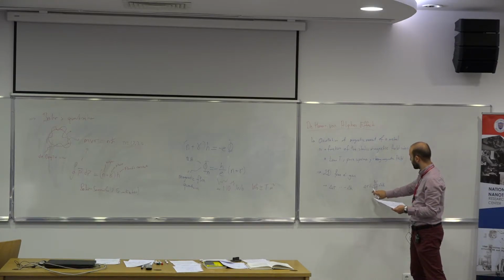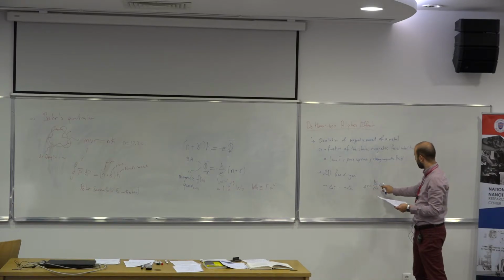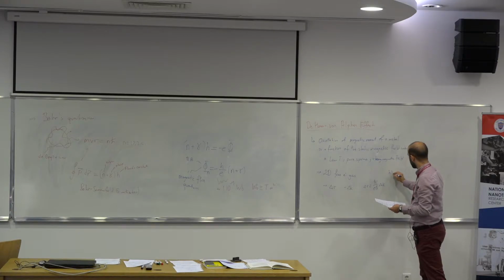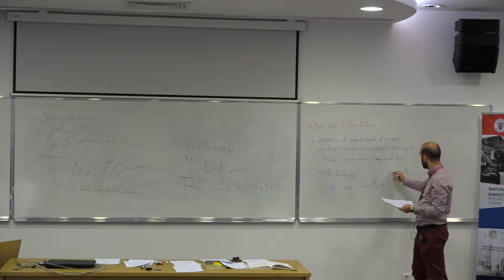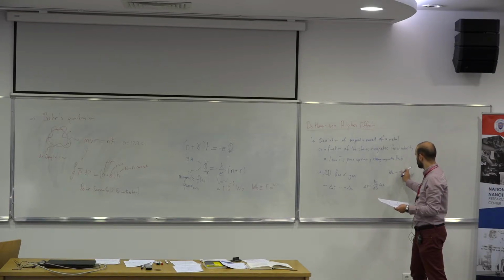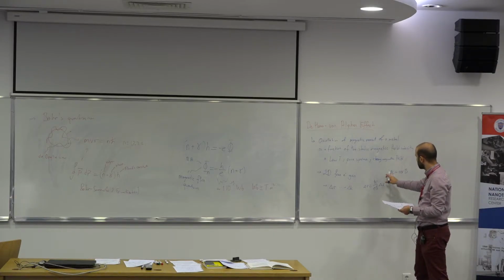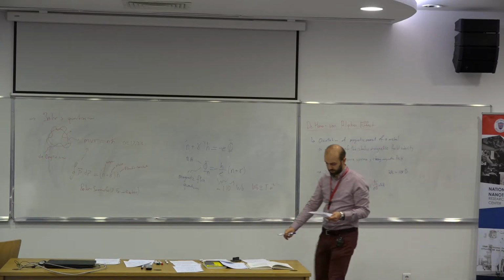So we had h bar k equals eBr, right? So all I do is, if I change r by delta r, then this is the expression that I'm going to have.